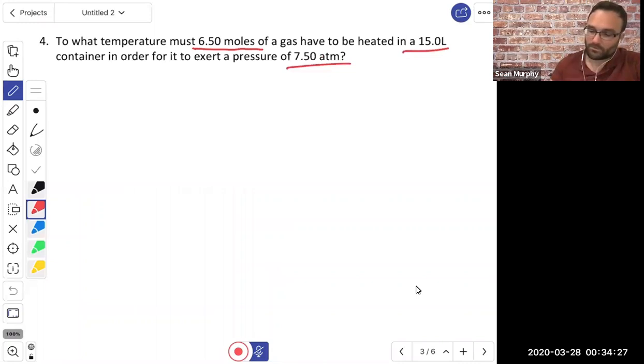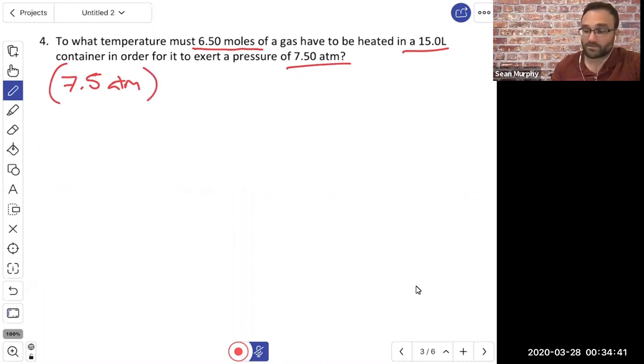All right. So here's our pressure: 7.5 atmospheres. Is our volume in liters? Yes, it is. We can use it. 15 liters. Number of moles is 6.5 moles.